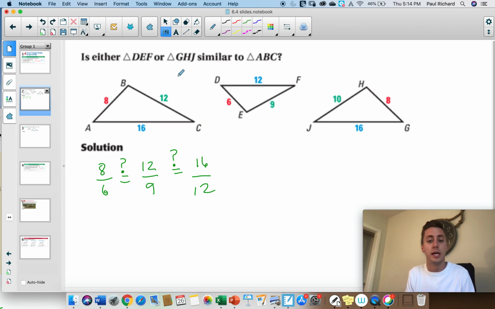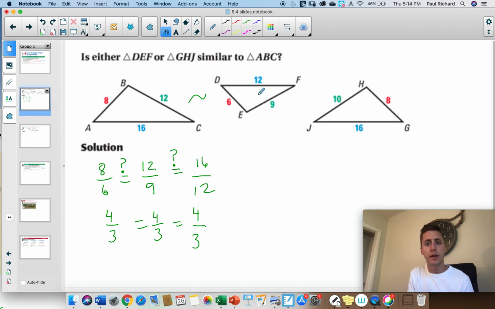We're trying to determine that, right? So we throw some question marks in there, and we'll reduce this and determine if these two triangles that are next to each other are similar. This becomes 4/3, okay? This becomes 4/3, and divide these by 4. This also becomes 4/3. So in fact, we have that the first two triangles here are similar.